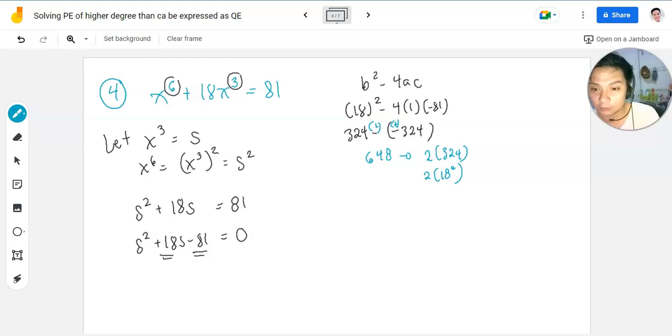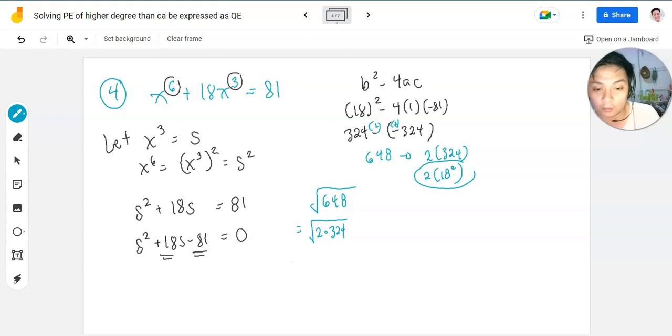Pero makakatulong itong factored form na ito to get the simplest form of square root of 648, diba? Which is the next step. Get the square root of the discriminant. So, this time, square root of 648. So, this will be equal to square root of 2 times 18 squared, galing yun sa 324.